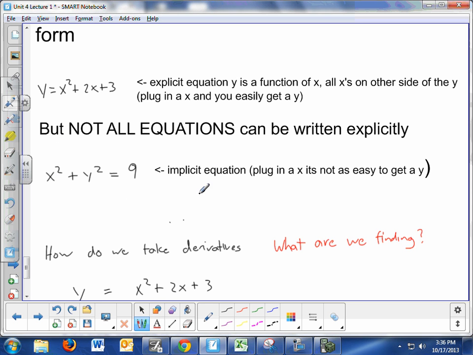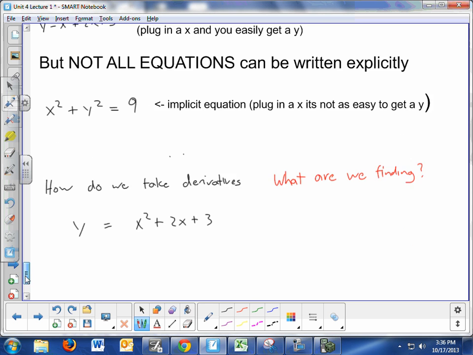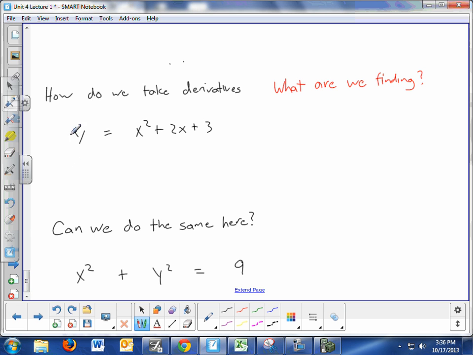All right, so let's talk about getting derivatives. Now, how do we take derivatives? Well, what we do, and we don't really show this step, write this down, is we take the instantaneous change with respect to x of both sides of my equation.